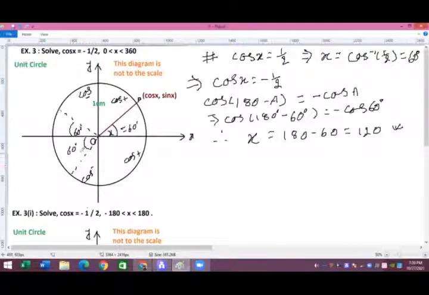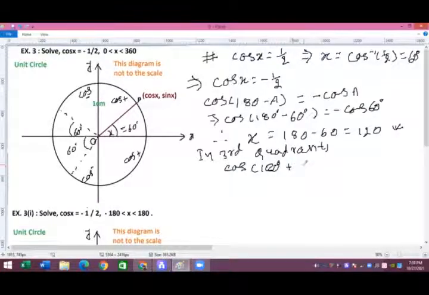So in the third quadrant, although this is not necessary to write, it makes things clear, you know that cos of 180 degrees plus a, I will keep this as 60, equals minus cos a, where the principal value a is 60 degrees.